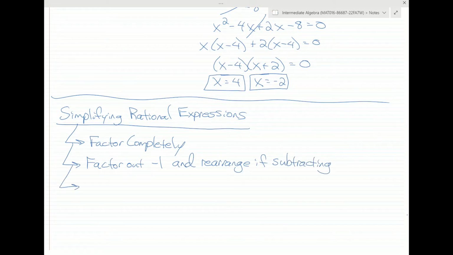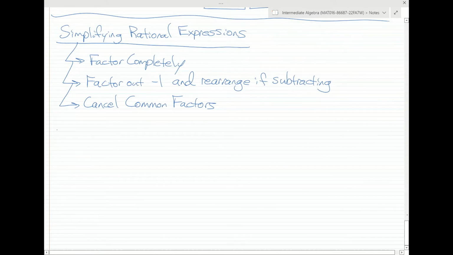And then we also want to cancel common factors. See what I mean?